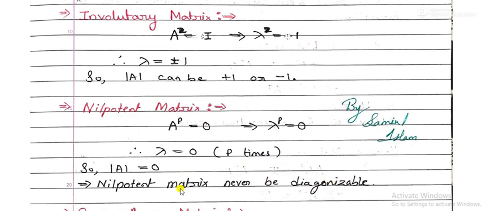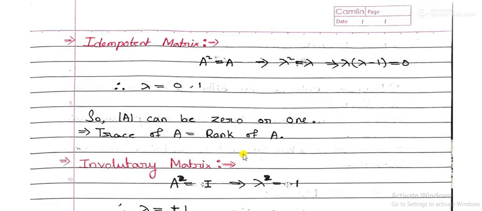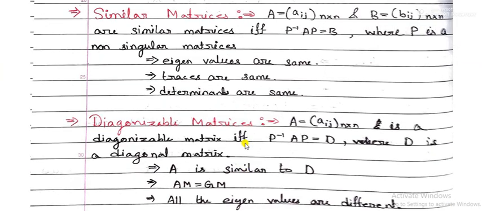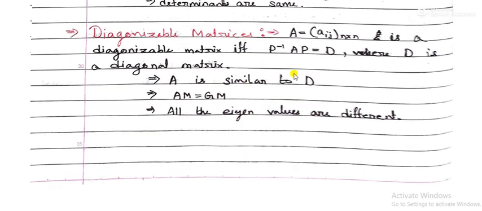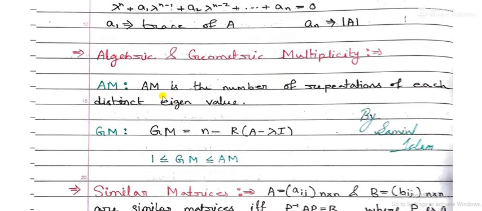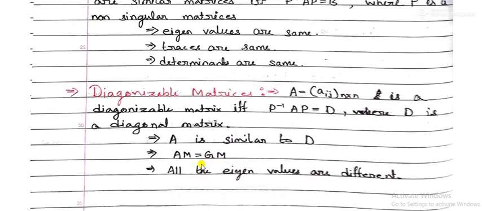Why is a nilpotent matrix never going to be diagonalizable? You need this relation: AM equals GM.